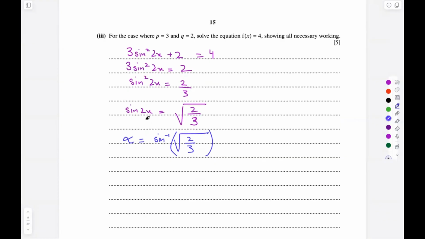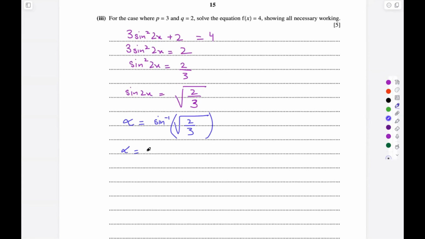So sine inverse of square root of 2 divided by 3 is equal to 0.9553 radians. Now we have the basic angle, which is 0.9553 radians.